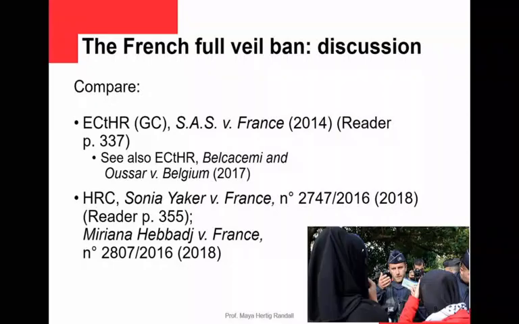So we have a very different reasoning here. The Human Rights Committee basically says there is an indirect discrimination, there's a disproportionate impact on Muslim women, and it looked more closely at the law and at the factors it took into account, in paragraph 8.17. It said, when we look at the debates in Parliament, it was quite obvious they were targeting the Muslim veil. So that was one indication of discrimination, and the other was that when we look at the law, there are so many exceptions built in, which at the end leave nothing but the full body veil.